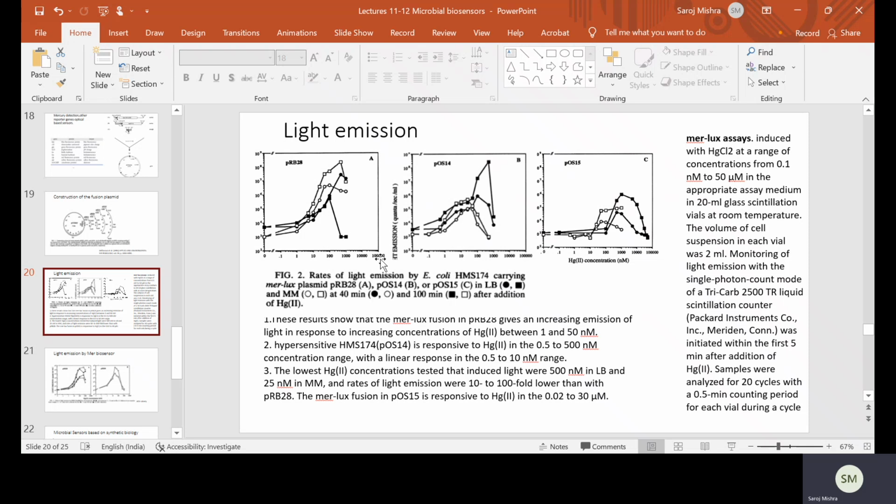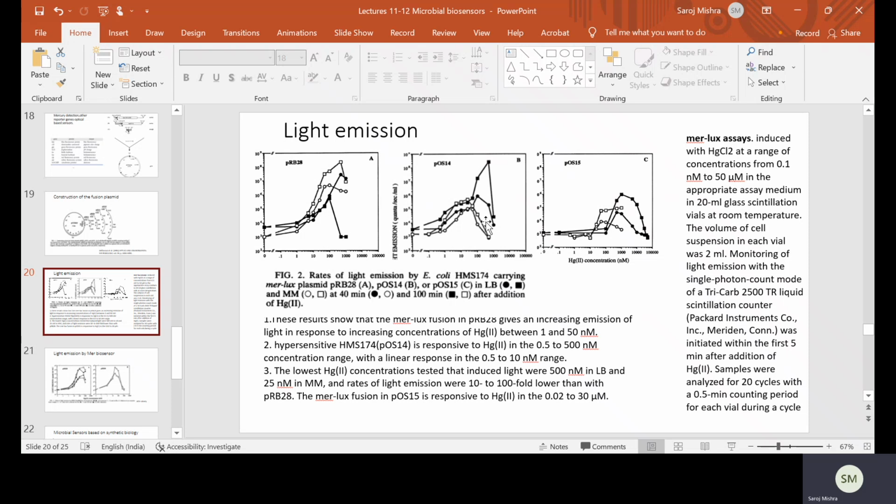So we say this is also hypersensitive, and the reason it is called hypersensitive is that in this particular construct, you are able to take up the mercuric ions, but you are not able to reduce them to the volatile form of mercury. So the cells become quite sensitive to mercury ion because they have not been able to detoxify mercury.